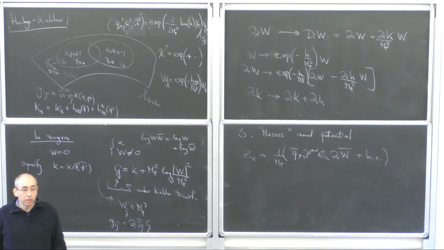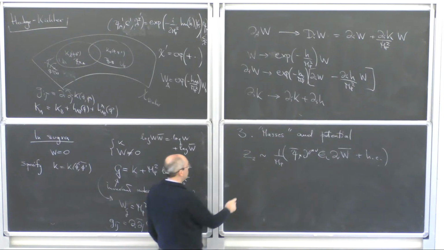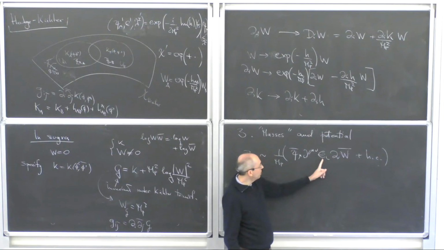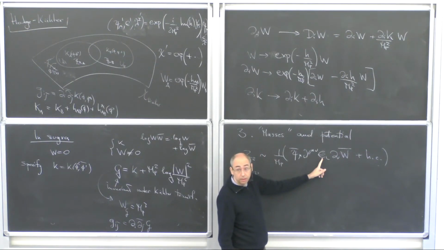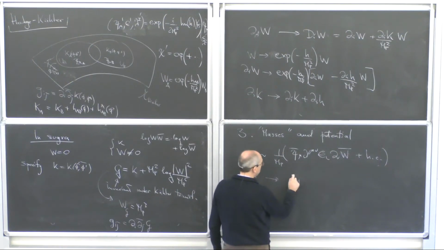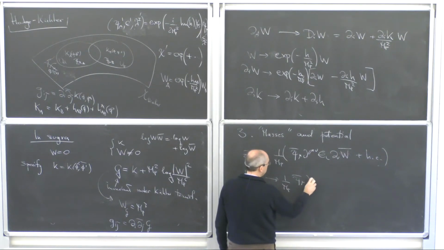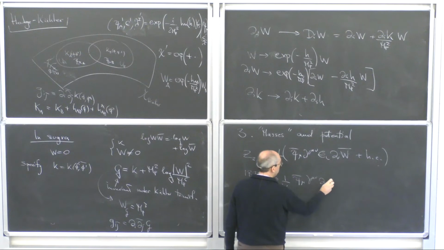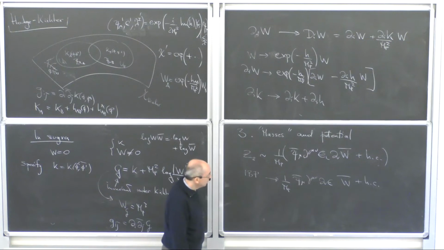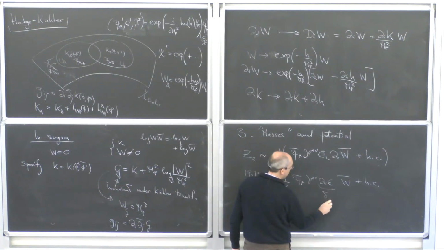So what can you do in order to get rid of this term? Same trick as before. Do an integration by parts and move the derivative from the superpotential to the supersymmetry parameter. So you end up with a term of the form psi bar gamma mu nu derivative of epsilon times W bar. This is now the variation of the gravitino.